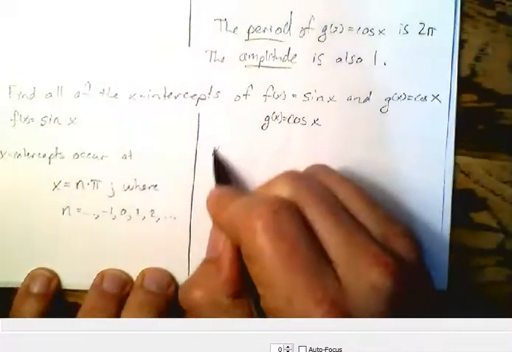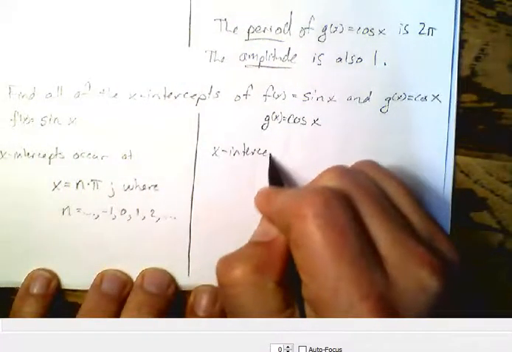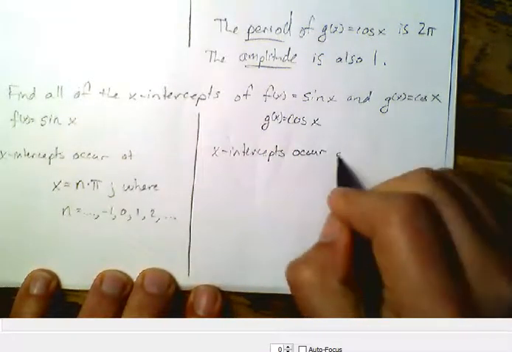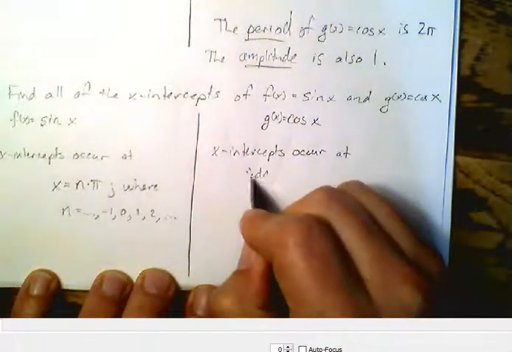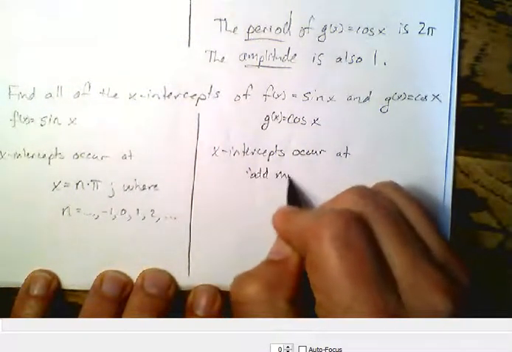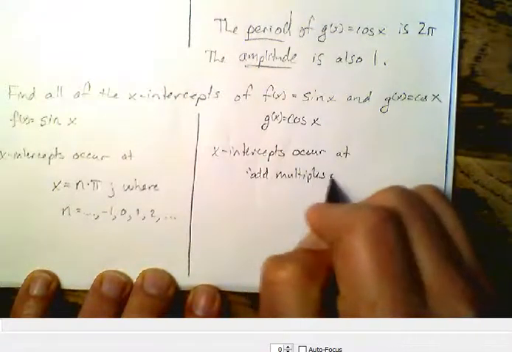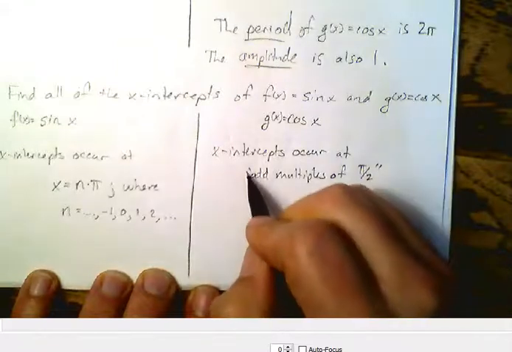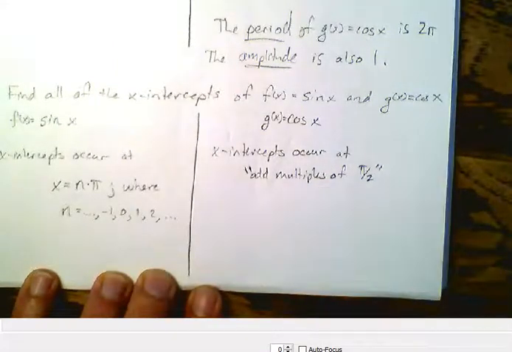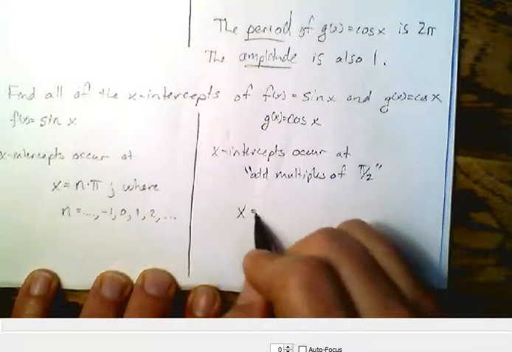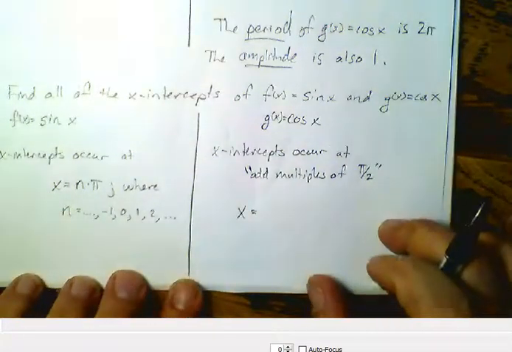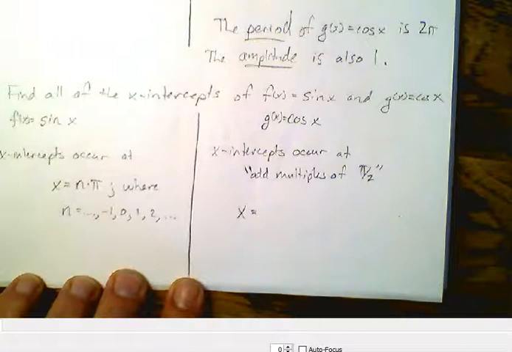So the x-intercepts occur at odd multiples of pi over 2. So how do we write that mathematically? Using maybe n as our 1, 2, 3, 4, 5, that kind of thing. So to get an odd number, any odd number can be represented by an even number plus 1, right?